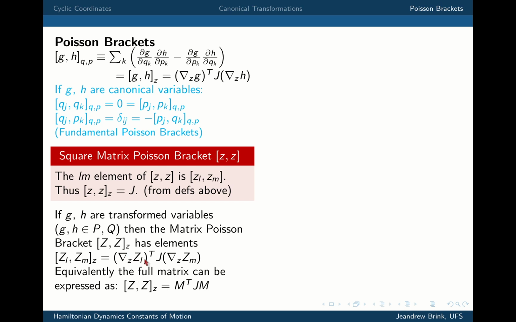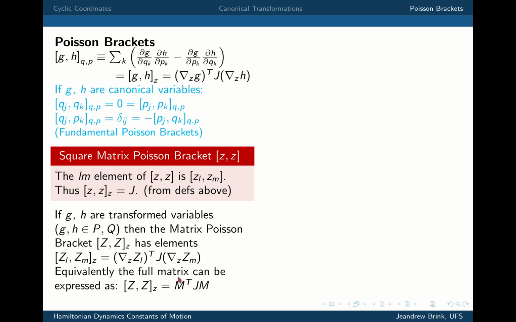And if you work out the transpose, it's simply this other Jacobian matrix. Once again, if you don't see it quickly, write the thing out and check it. So simply from this expression and our definition of the Jacobian, we can replace this gradient of Z_l for all the l's with our Jacobian matrix M, and this one that's just a transpose with M transpose.